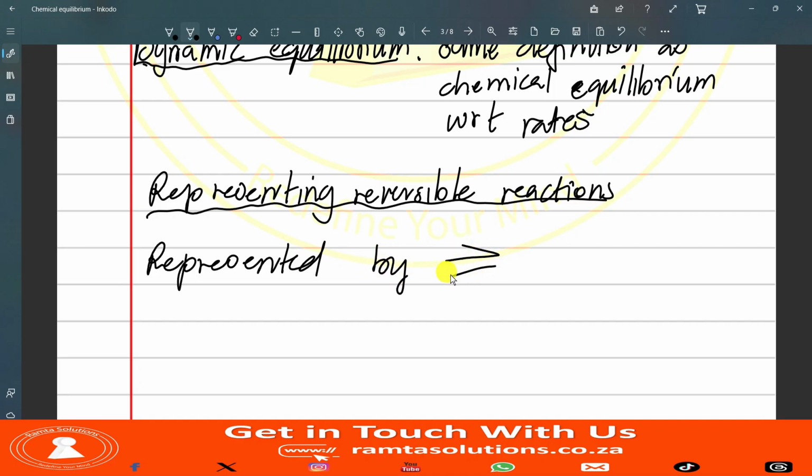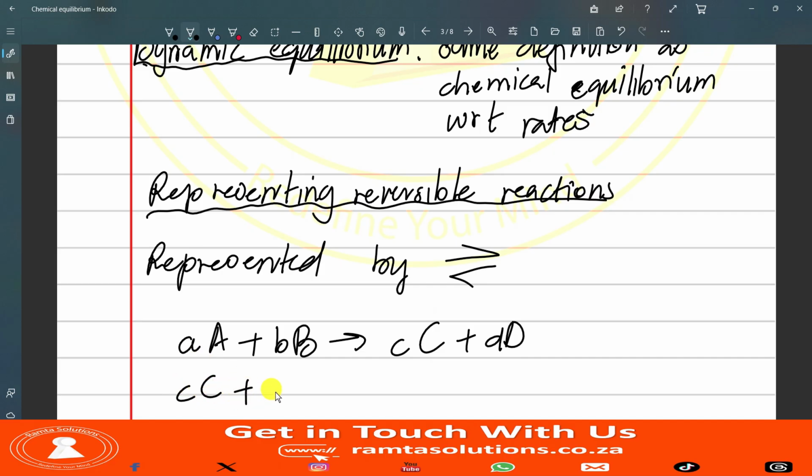So that reaction that we had, A reacting with B to form C and D, and when C can react with D to form back the reactants, these are equilibrium reactions, or reversible reactions.